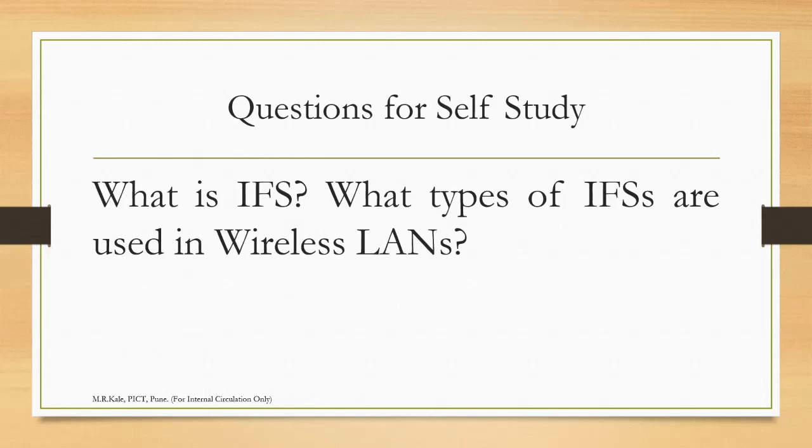Now we have come to an end of the whole topic of MAC protocols. Let us just revise the MAC protocols. MAC is a sub-layer of data link layer, which is nearer to the physical layer. MAC takes care of the line discipline. That means MAC protocol decides who should send the data.